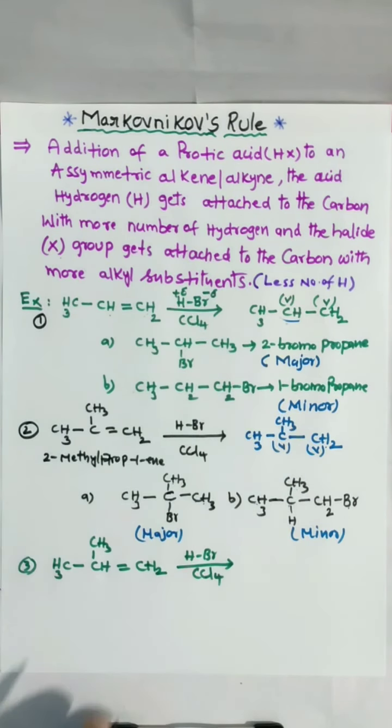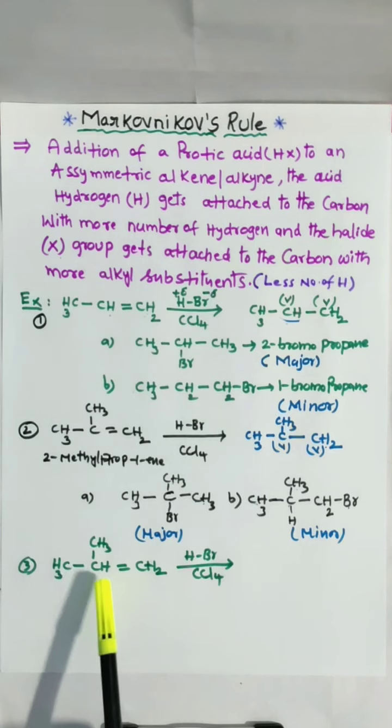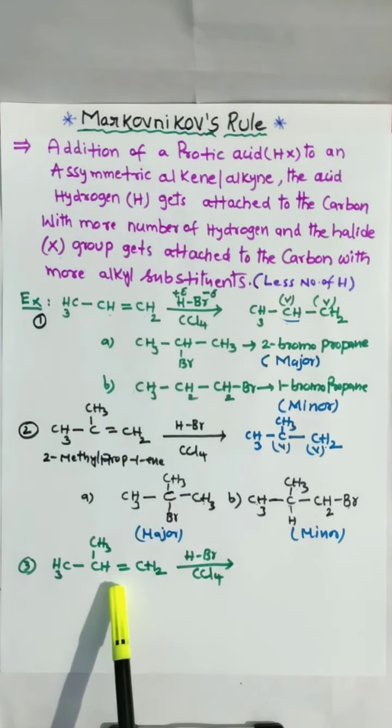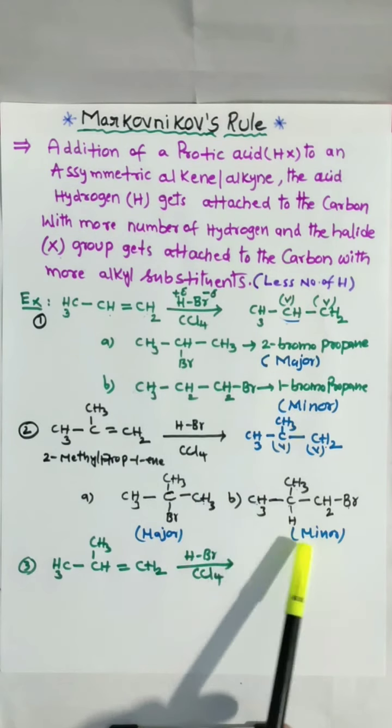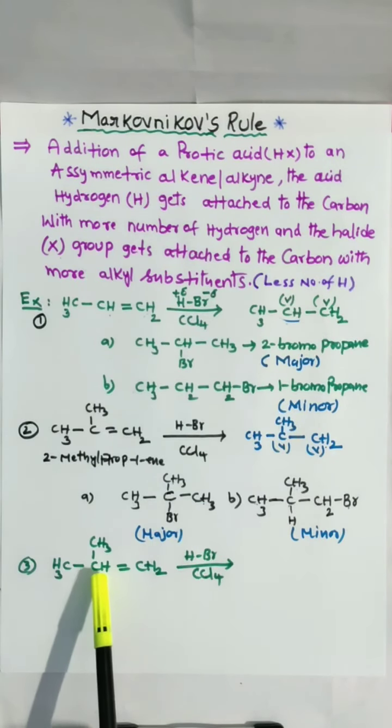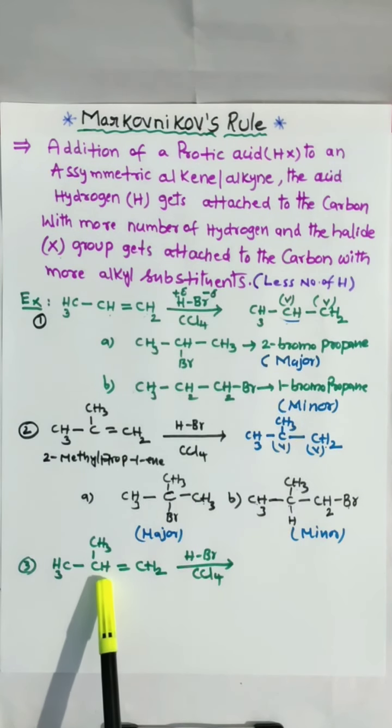Now I am asking what is the major product and what is the minor product. Major and minor product. Very simple. No need to write like this. Where the carbon with more number of substituents.